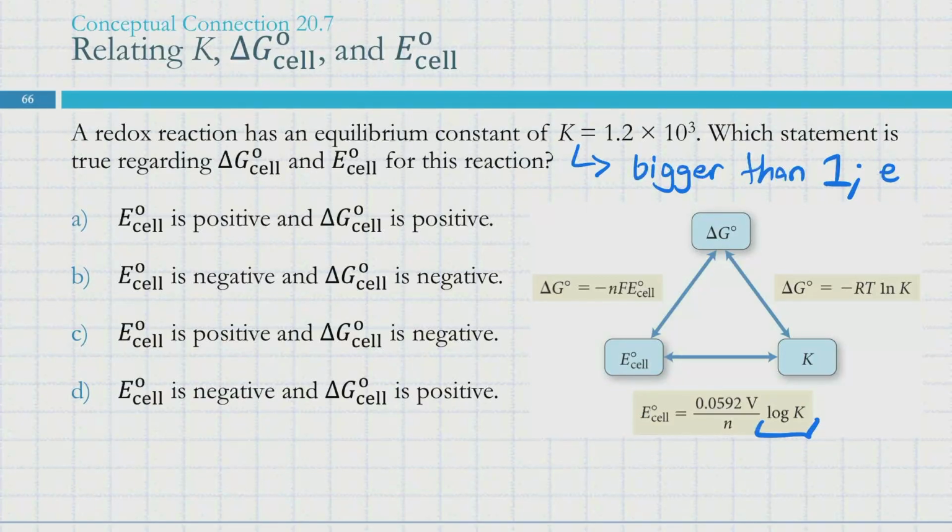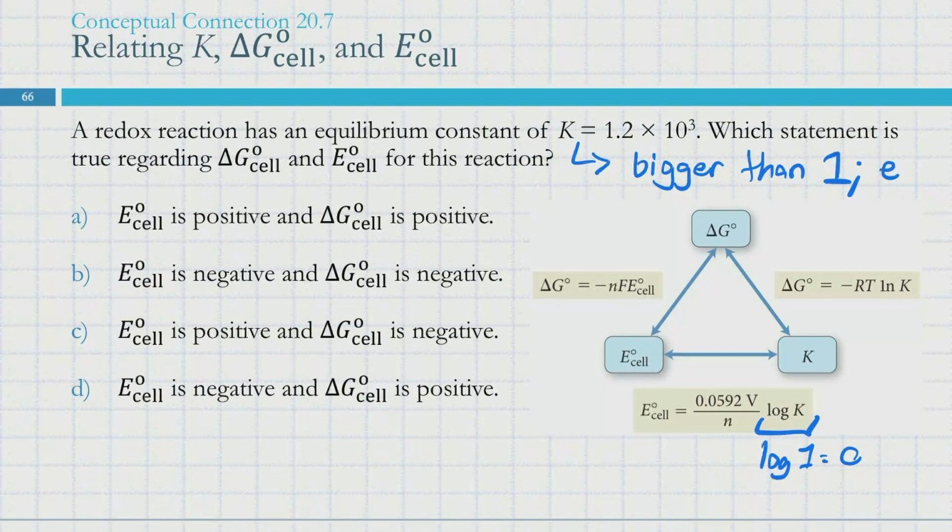because the log of 1 is 0, so that doesn't help. But if we had the log of 0.01, that would be -2, so that would give us a negative value for our E cell. If the log's something bigger, like let's say it's 1,000, because I don't know what the log of 1,200 is in my head, then that gives us a value of 3. So our E cell is positive.